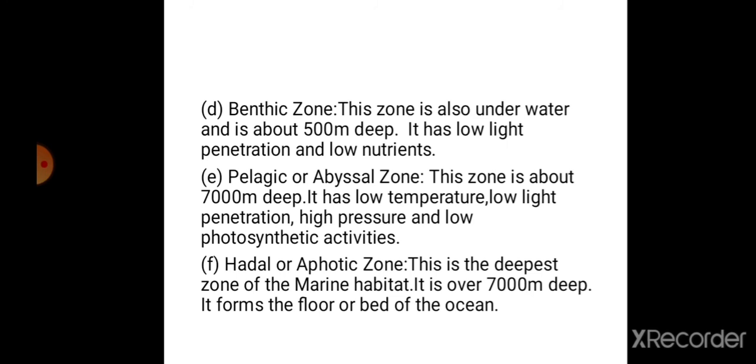Now let us look at the next zone, which is the pelagic or abyssal zone. This zone is about 7,000 meters deep. It has low temperature, low light penetration, high pressure, and low photosynthetic activity.